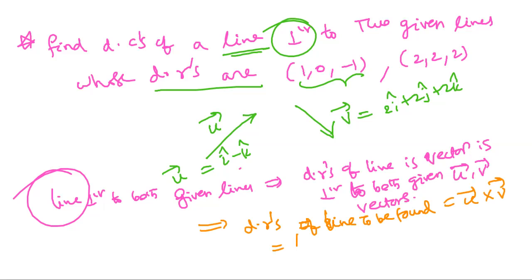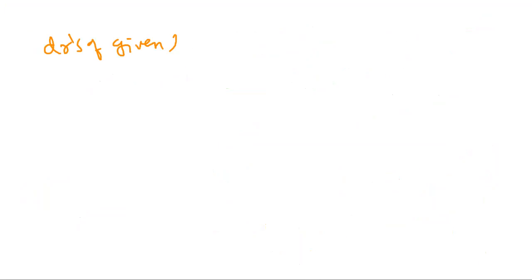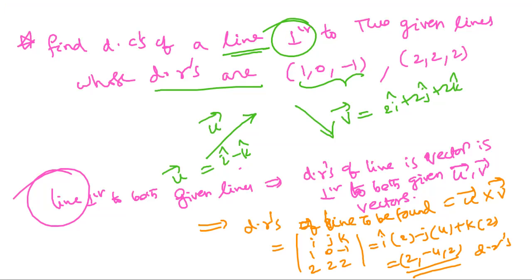So simply find the cross product i j k, 1 0 minus 1, 2 2 2, that is i into 0 plus 2, minus j into 2 plus 2, 4, plus k into 2, that is 2 minus 4 and 2. So these are the DRs of the line to be found, not the given lines. So DRs of the line perpendicular to the given lines is equal to what we got, u cross v: 2, minus 4, 2.